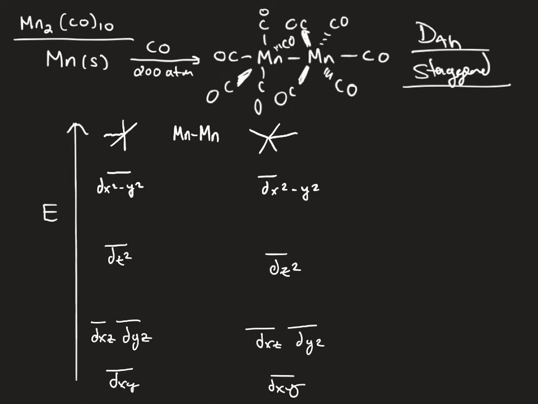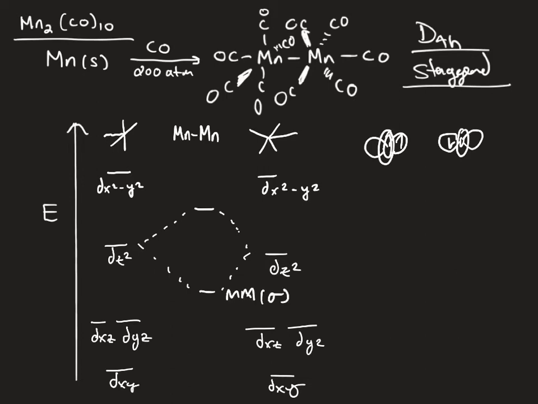So bringing these two d orbitals together, you're going to form your metal-metal sigma bond and a metal-metal sigma star.